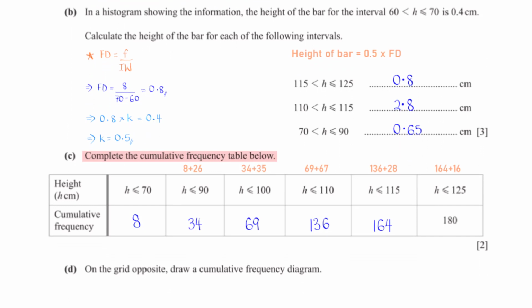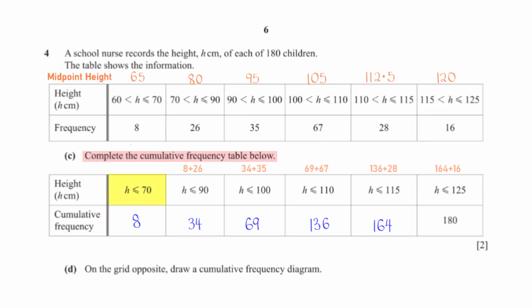Complete the cumulative frequency table below. For age less than or equal to 70, the cumulative frequency is 8. For age less than or equal to 90, the cumulative frequency is 8 plus 26, which is 34. For age less than or equal to 100, it is 34 plus 35, which is 69.